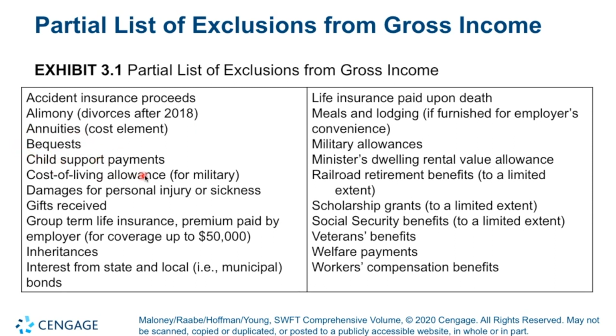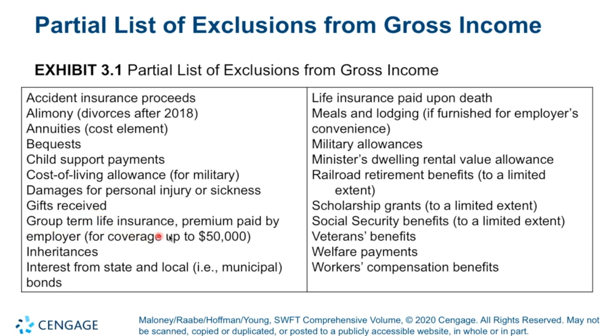Bequests, child support payments, which are not included as income. That's the way it's always been. So there was always a differentiation between child support and alimony, but there won't be any more. Cost of living allowance for military, damages for personal injury or sickness, gifts that are received, the person receiving the gift pays no tax.